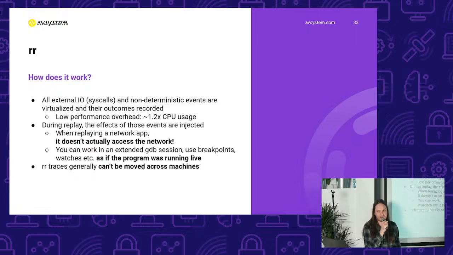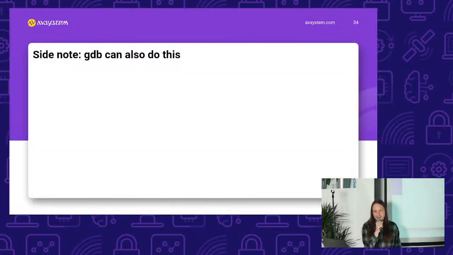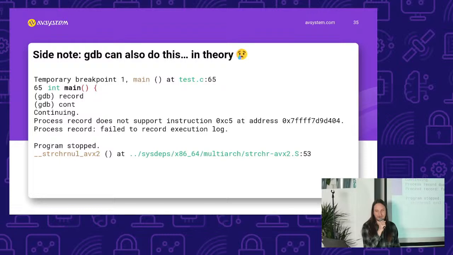So as long as you're on the same computer, it will work, but otherwise, not necessarily. As a side note, GDB can also do this, at least in theory, but when I tried doing that, it didn't do much. So I would recommend sticking to RR, at least for the time being.